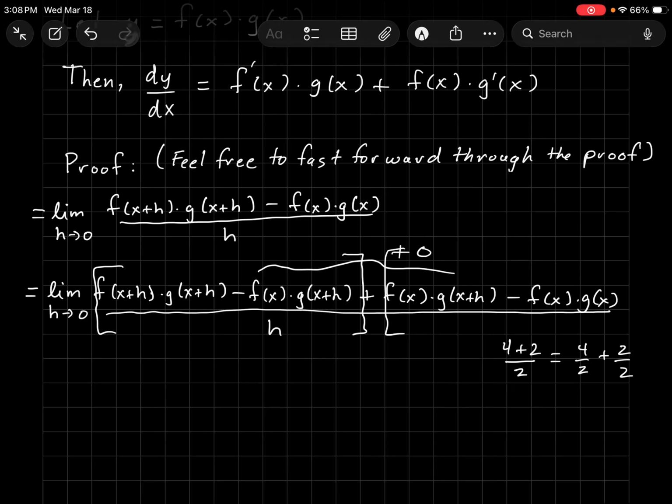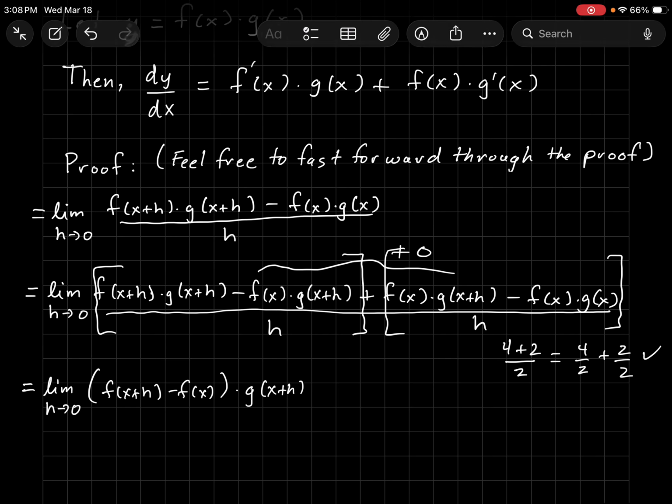The first two parts and the second two parts, which means, if you look at my algebra down here, I can put an h over both. And then let's rewrite this again. For the first part, I'm going to factor out a g of x plus h. So that gives me f of x plus h minus f of x times g of x plus h.